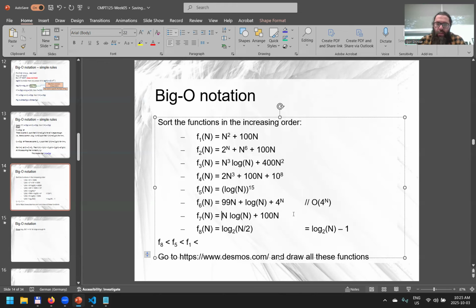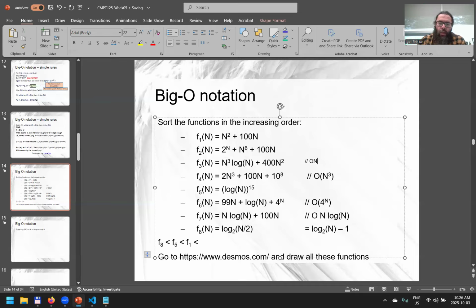Sorry, f7 is order n log n. This one is n cubed. Maybe the best idea is to first write all of them.